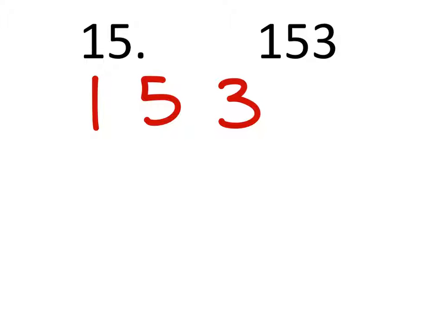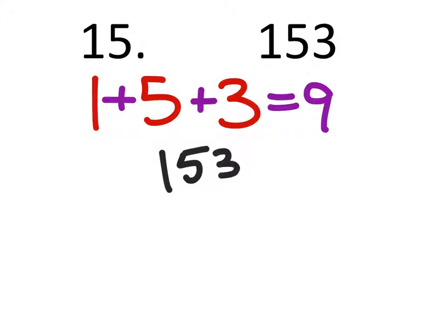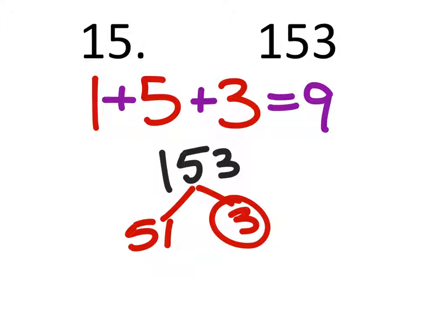All right, so let's add these. 1 plus 5 plus 3 is 9. Well, that's a lot easier to tell if that's divisible by 3. Is 9 divisible by 3? Sure it is. So this means that we can take our 153 and factor out a 3, which is prime. That should give us 51. Now 51 is an interesting number because it looks prime. It's not even, it's not divisible by 10 or 5, but 5 plus 1 is 6, which is divisible by 3.